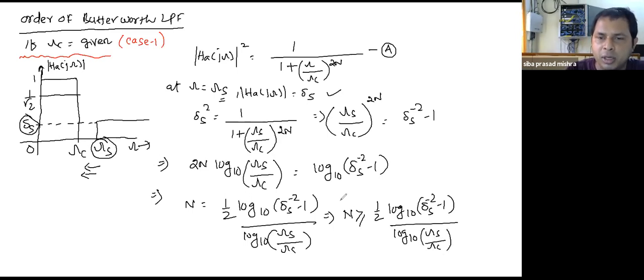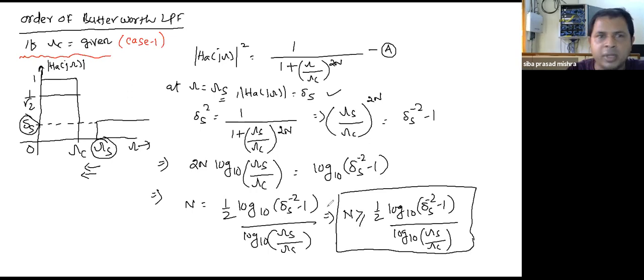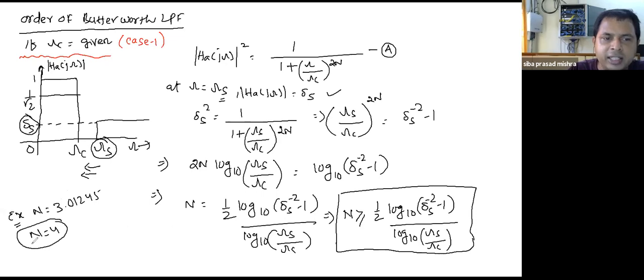So this is the formula to find the order of the filter if omega_c is given. For example, if you get n equals 3.01245 by using this formula, then your order is 4. Always take the next integer value.